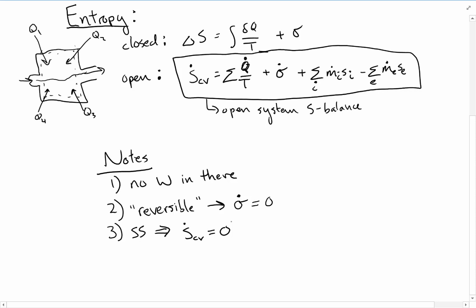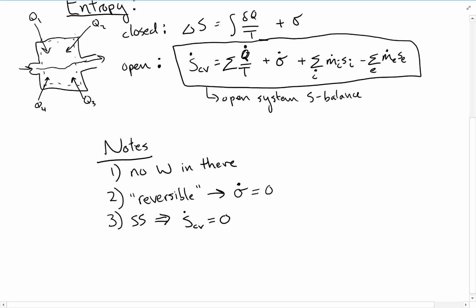This is the same thing as saying that if you spend what you make, then your bank account doesn't change, right? If what's going in equals what's going out, then things don't change. So if nothing's allowed to change, then what goes in has to come out, which means that S dot CV has to be 0 because that's the accumulation term. That's the difference between the entropy coming in and the entropy going out.